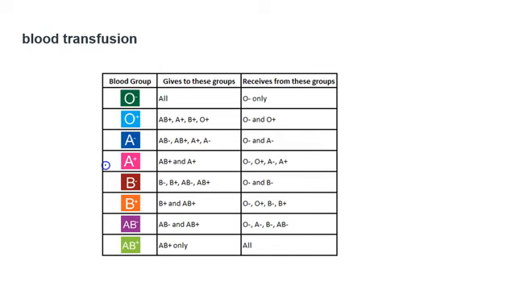The next topic which is important to know is blood transfusion: who can give blood to whom and who can receive blood from whom. The easy way to remember is that O negative is our universal donor. It means O negative can be given to anyone, but they can only receive from O negative.